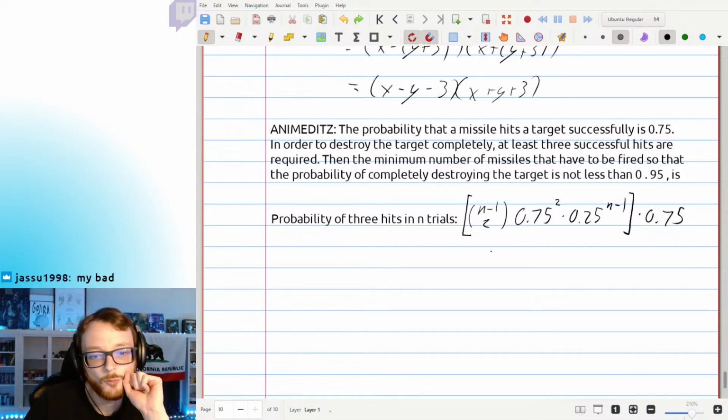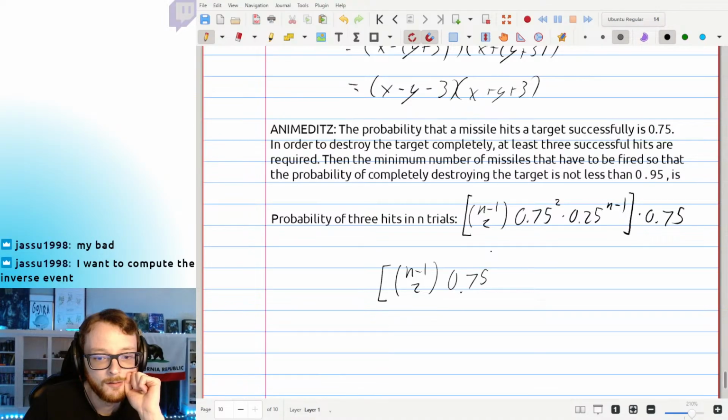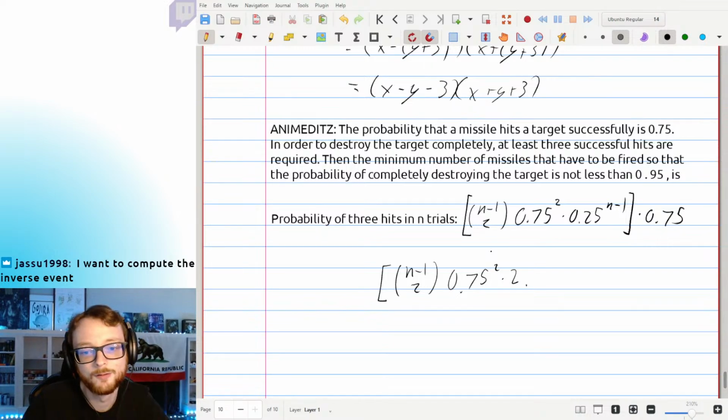Yeah, I think you do need to reverse this in some way. You might take my thing. Like, is the inverse event only 2 hits? That's what I get confused on.